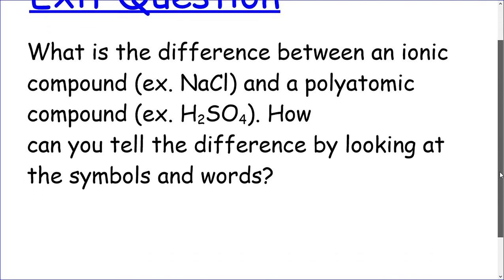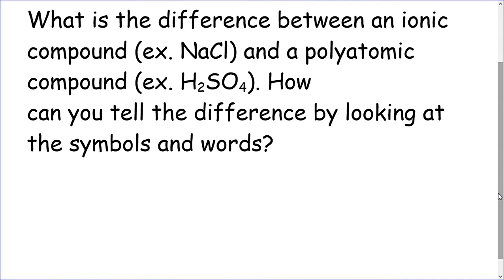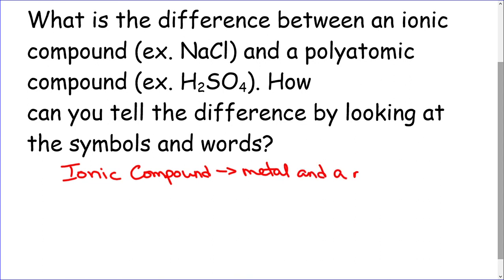Alright, so the difference between ionic compounds and polyatomic compounds. Well, an ionic compound is a metal and a nonmetal. 1 and 1, it's singular in that sense.